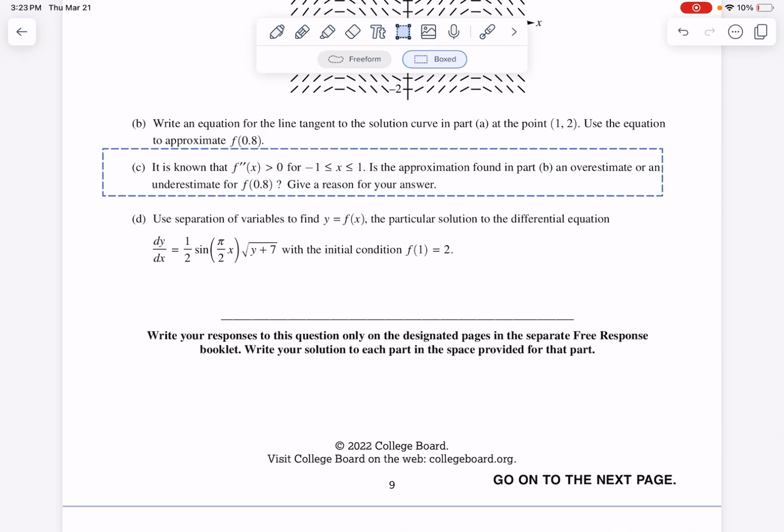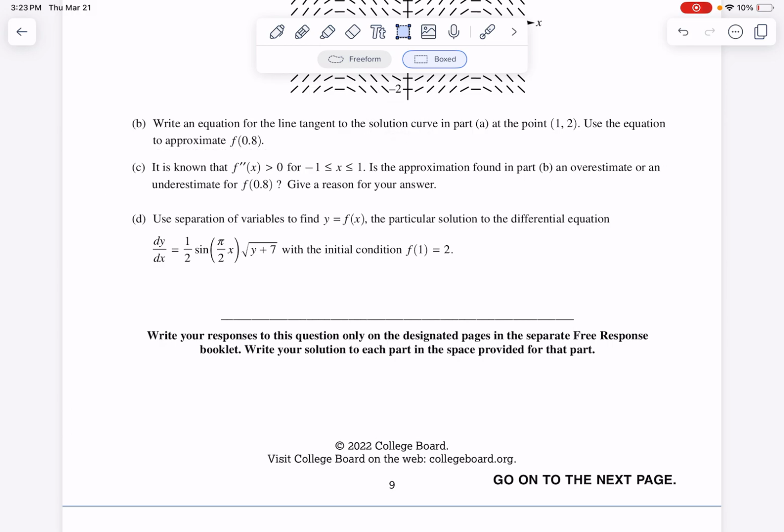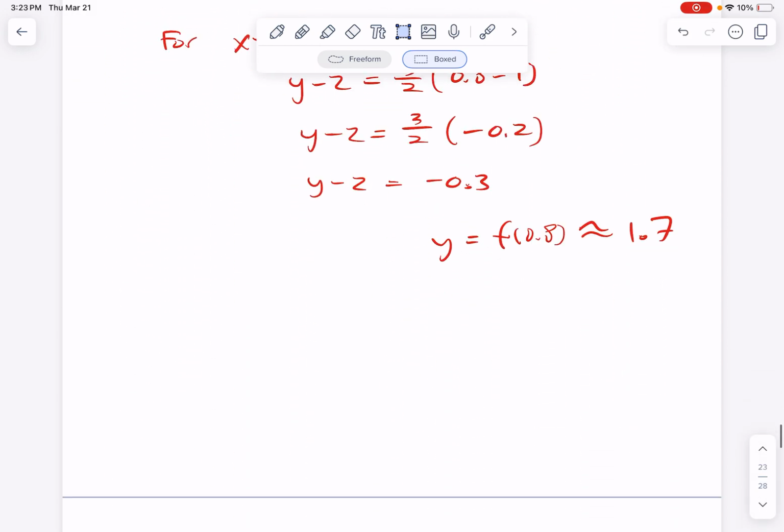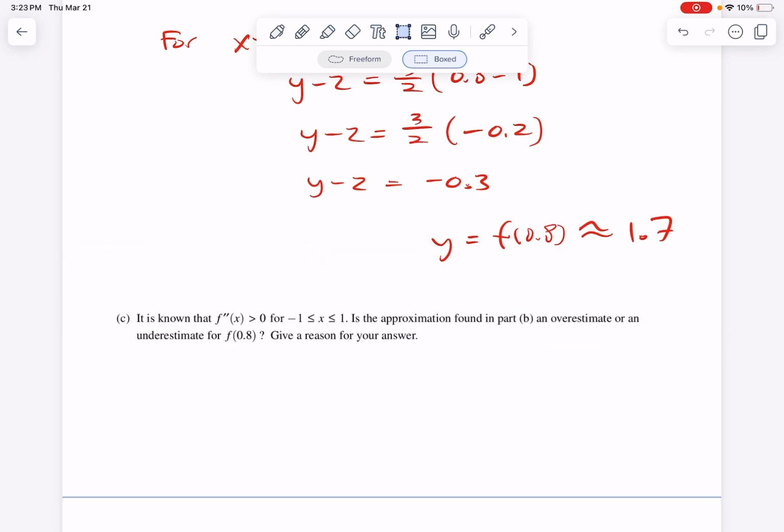It is known that f double prime of x is greater than 0. Is the approximation we found an overestimate or an underestimate? This is one of these things we don't need to have memorized, just draw a little picture. So I'm going to draw a little picture here. This means that the graph of f is concave up.